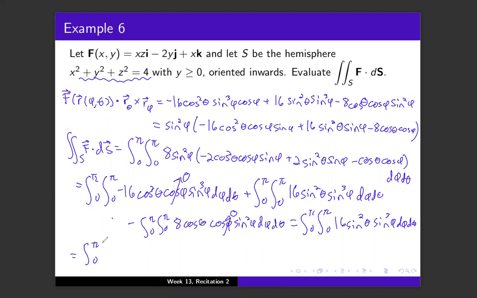Integral from 0 to pi of 8 times, using our trig identities, 1 minus cosine 2 theta, d theta, integral from 0 to pi of, in this case, sine phi times 1 minus cosine squared phi d phi.